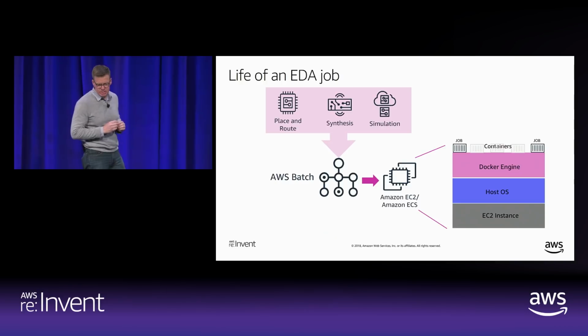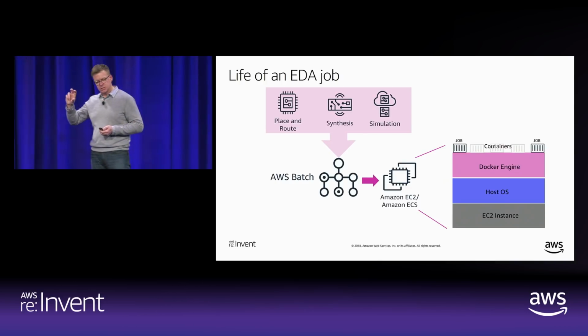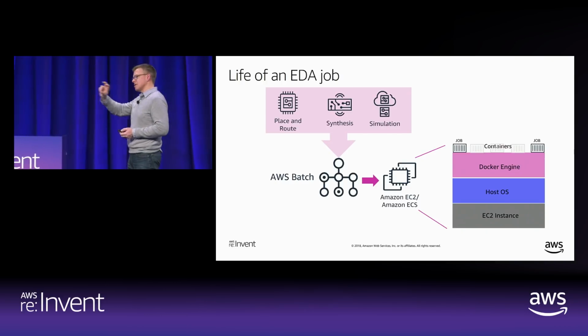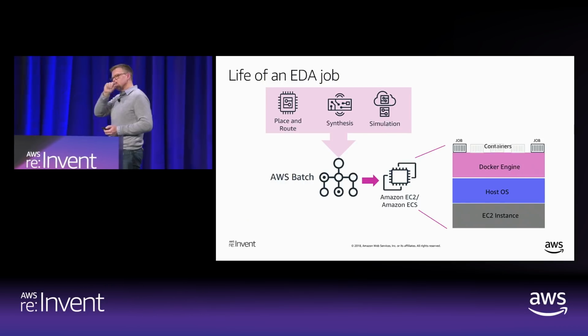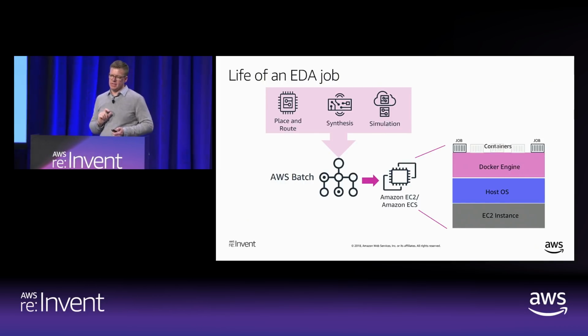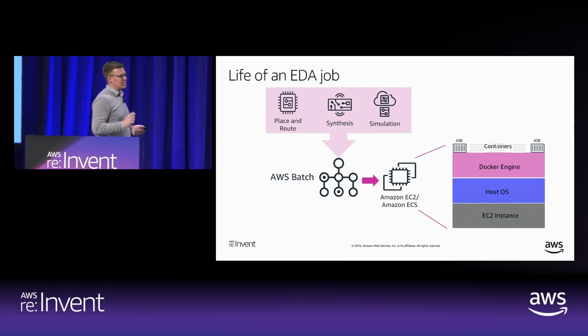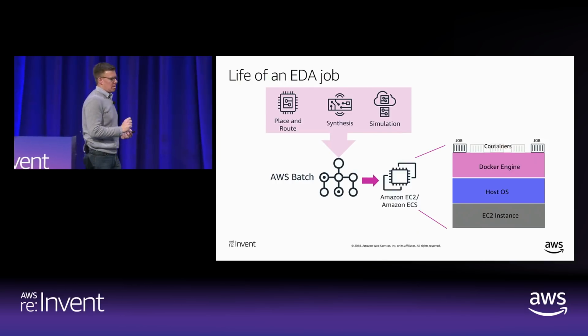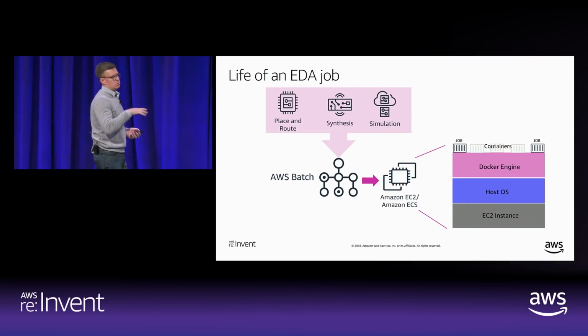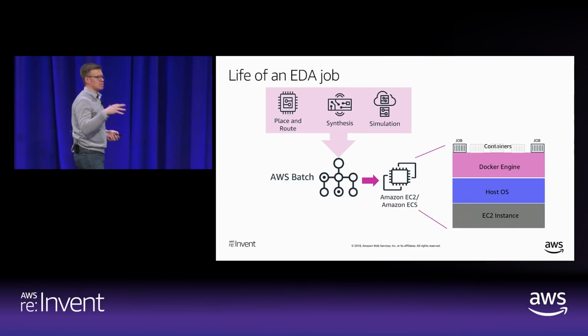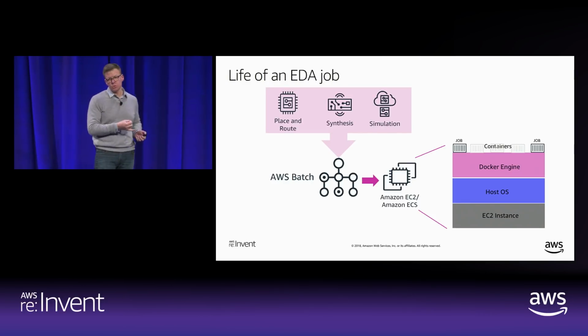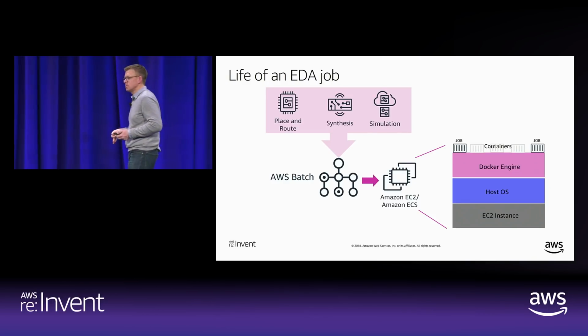An EC2 instance has a host OS, which is running a Docker engine, which has multiple containers running on top of that. Each of those containers is running that job. Each of those containers has a mount or mounts that are accessing the network file system to get tools and to write regression results.